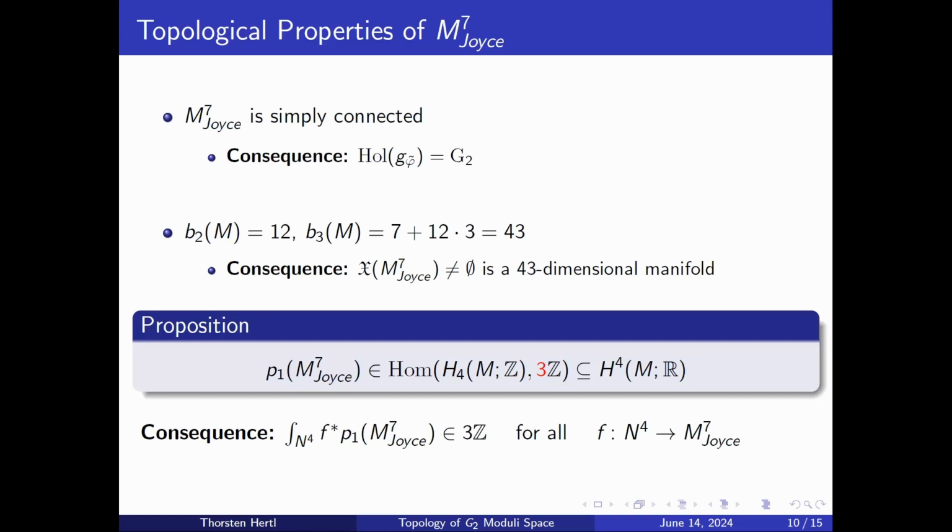So that means that if I have a smooth map from a 4-dimensional manifold into my G2 manifold, and I pull the Pontryagin class back along that map and integrate over this closed manifold, I get an integer value that is divisible by 3. I invite you to remember that context because this will be important later.